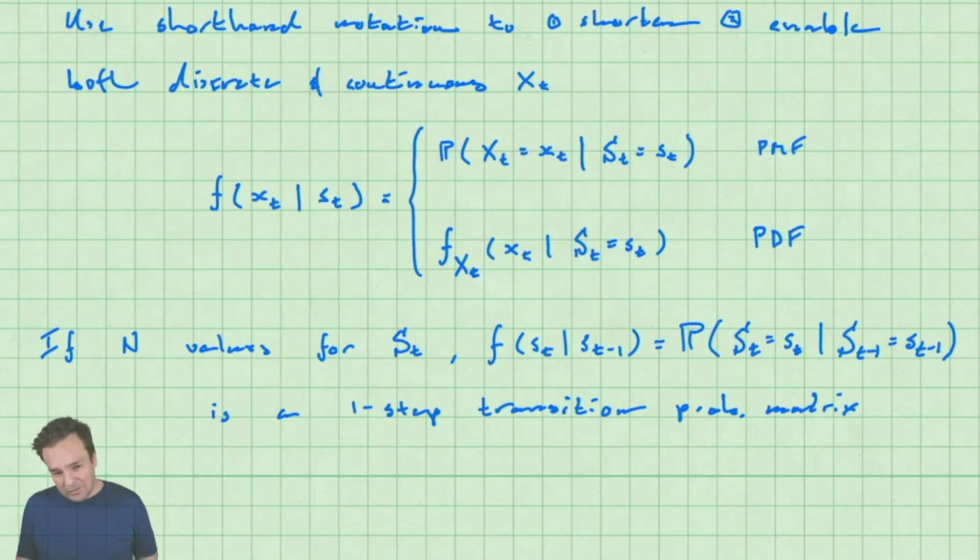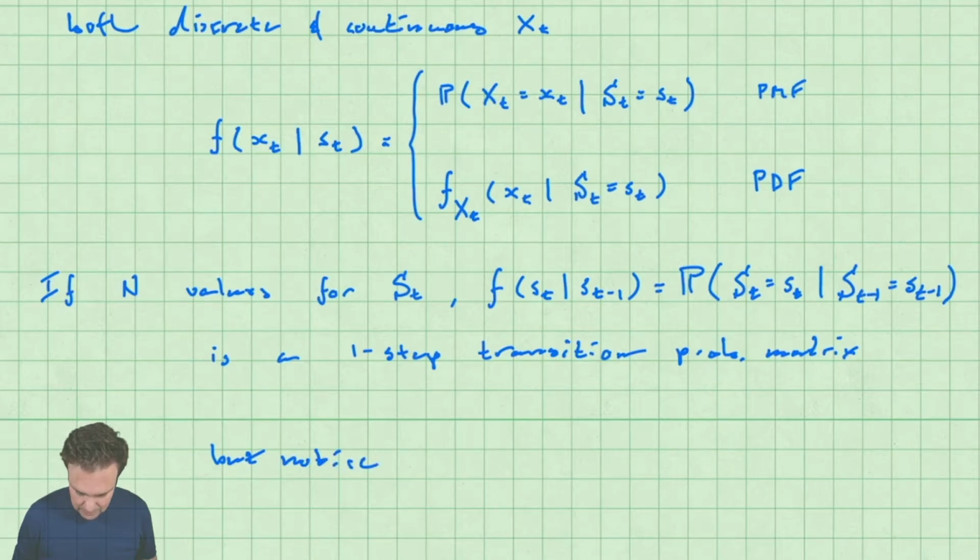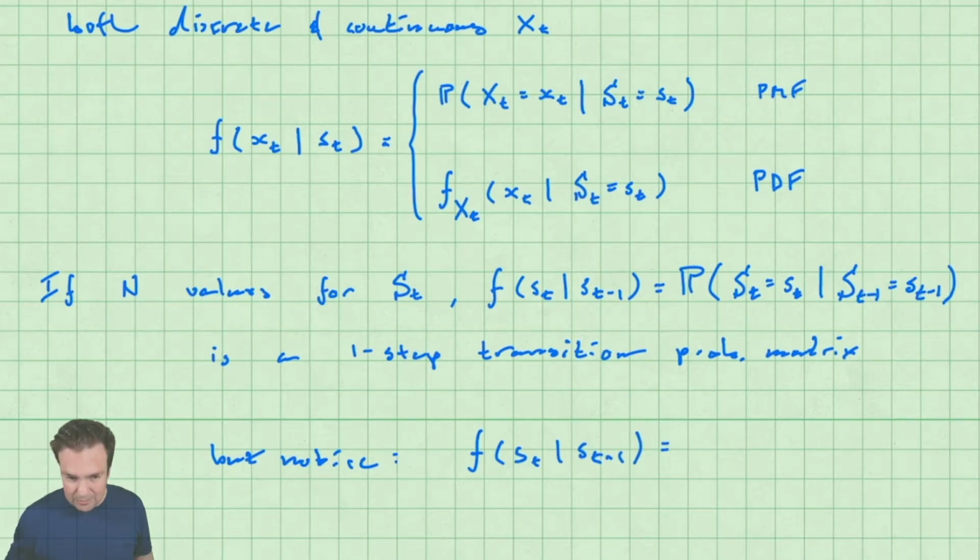But if you wanted to use the ordinary notation, f of s sub t given s sub t minus 1, we've been calling that little p with some subscripts, right? So now you'd end up with little p, subscript s sub t, and then the second index is subscript s sub t minus 1.